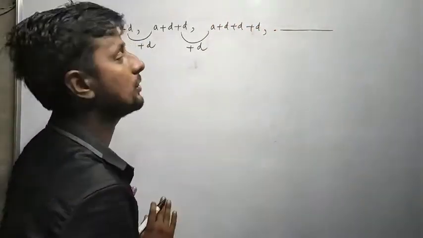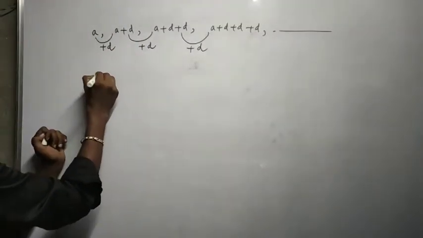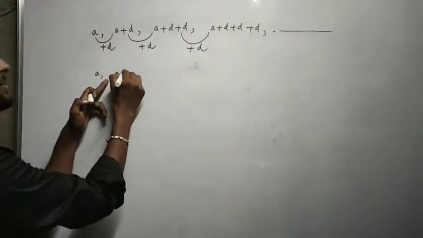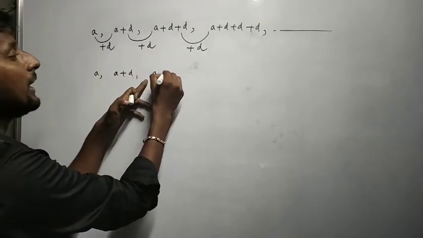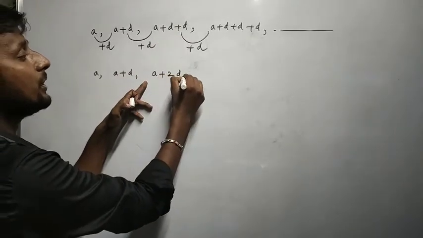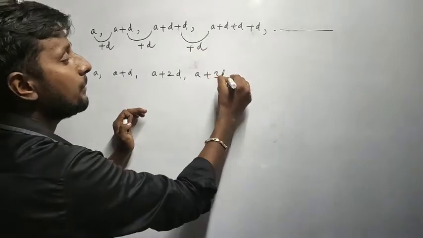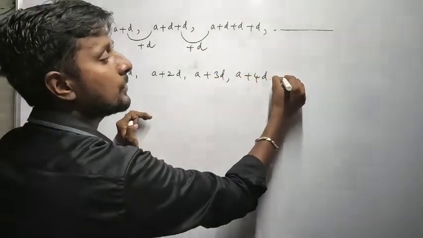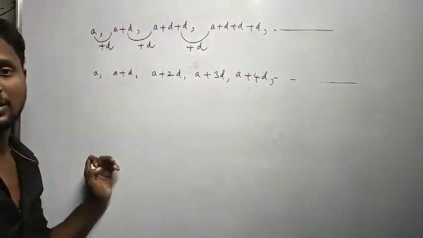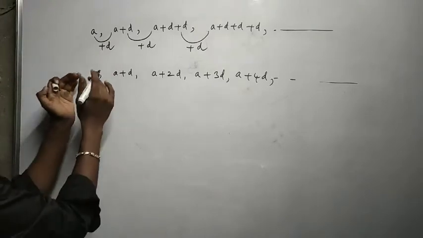If you simplify, the first is A, the second is A plus D, the third is A plus 2D, then A plus 3D, A plus 4D, and so on. This pattern will repeat.